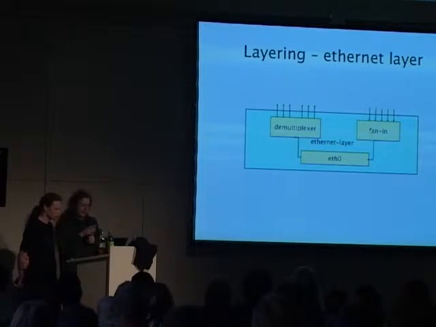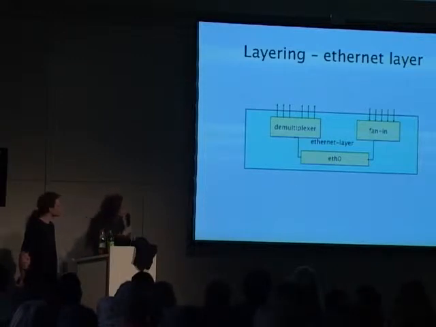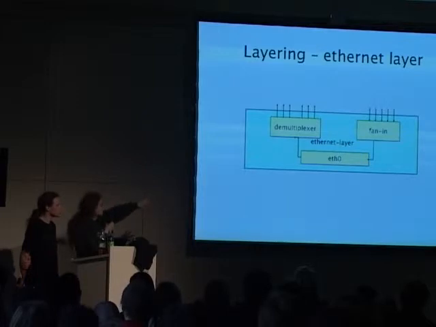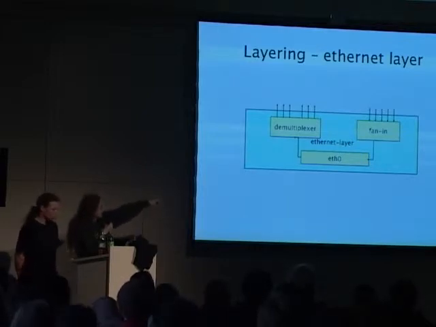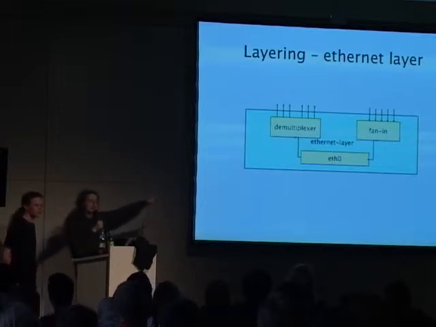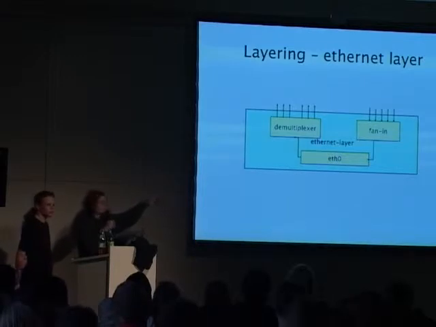Like we have an Ethernet layer here, which is a little bit simplified, because in reality you have queues and that queue controls a complete system, but that's something that's abstracted away here. So it consists of our source and sink of packets, which is the Ethernet interface. Then we have a demultiplexer to provide higher layers with their appropriate packets.